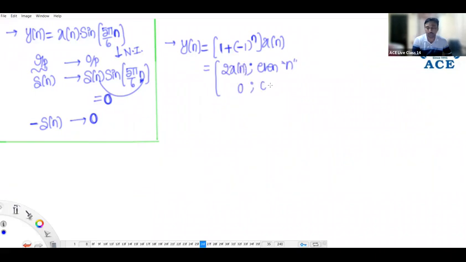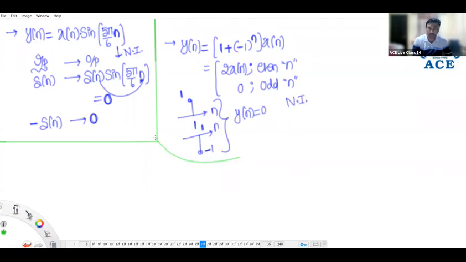But for odd index, what is the answer? 0. It means if I apply any odd sample of input with change in amplitude, plus 1, minus 1, what is the fixed output we have? 0. So the system is non-invertible. We changed input amplitude, but the output amplitude is the same. Non-invertible.